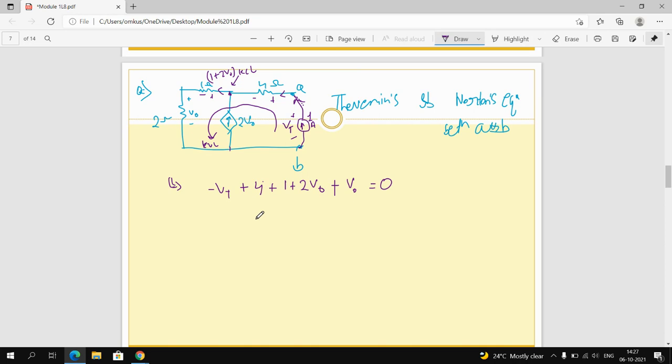Now solve this. Minus VT goes to that side and becomes positive VT, and 4 plus 1 is 5, 2 plus 1 is 3, so 3 v naught plus 5 equals VT. That is equation 1.